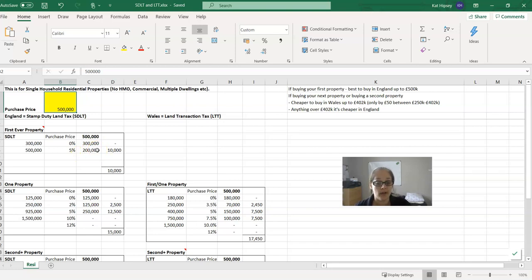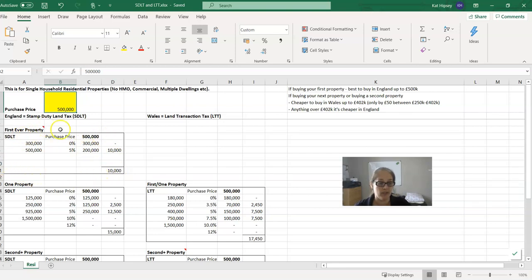If you go to 500,001, this doesn't count, so the entire amount will be at regular stamp duty rates. You need to know this, and it's for your first ever property, for you or your partner. It's really useful to be aware of this because I think it could save people a lot of money.